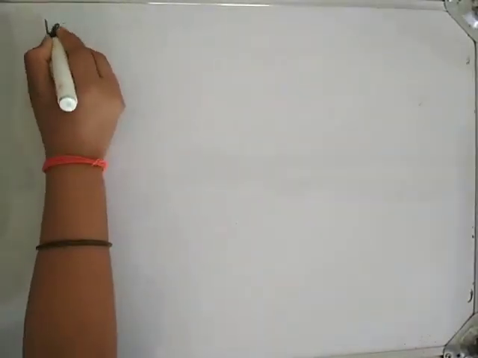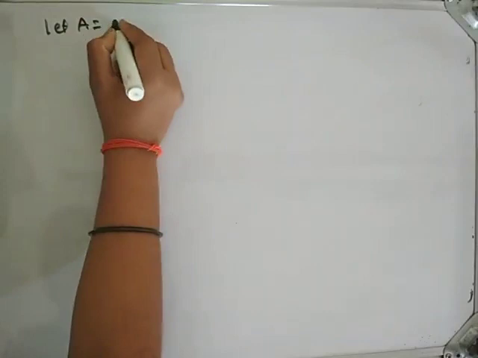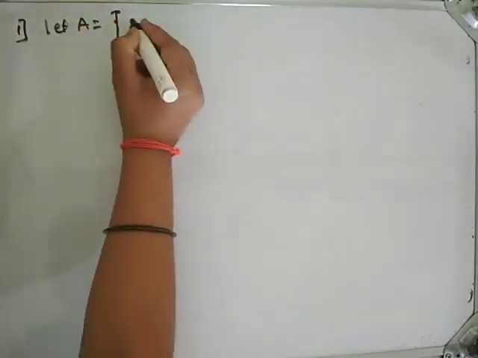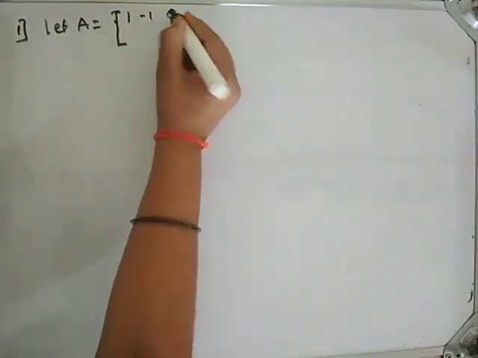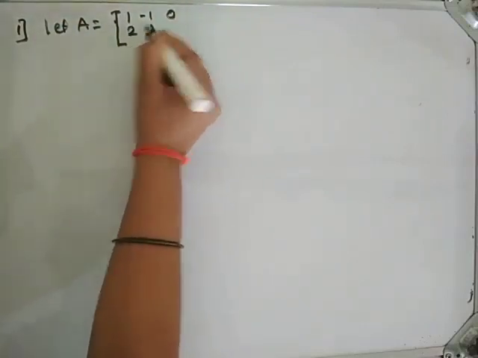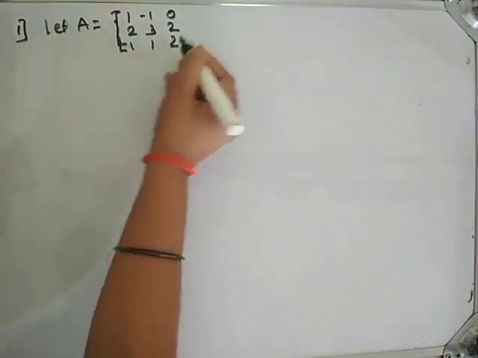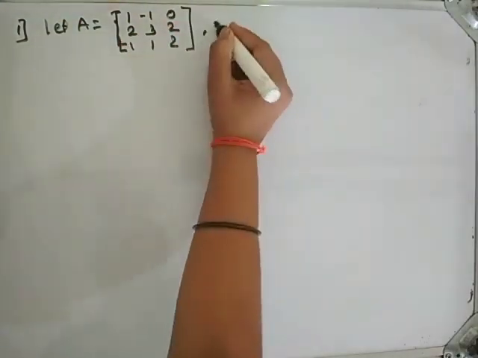Hello students, let us start with the example. Let A be the matrix [1 -1 0; 3 2 3; 2 1 1 2].